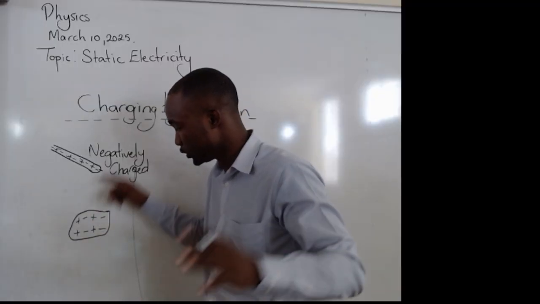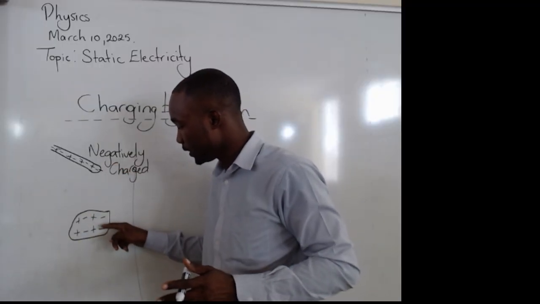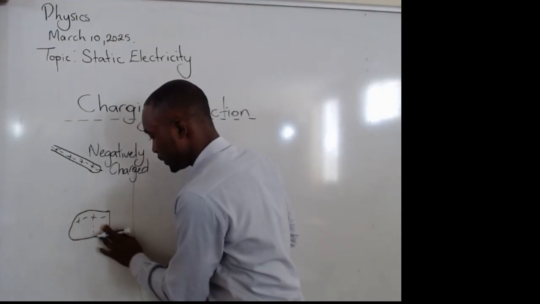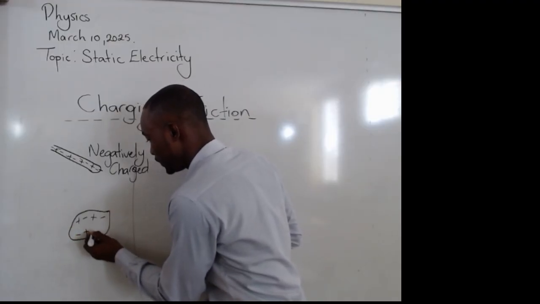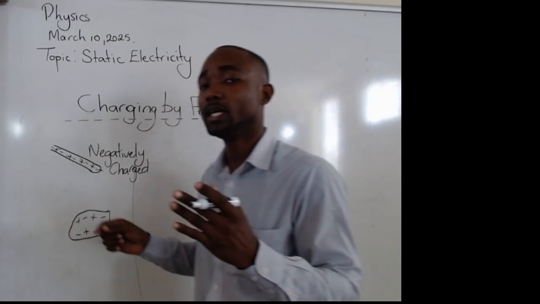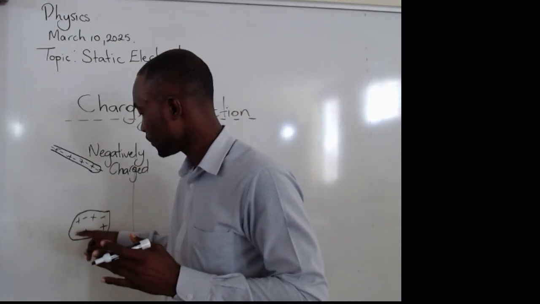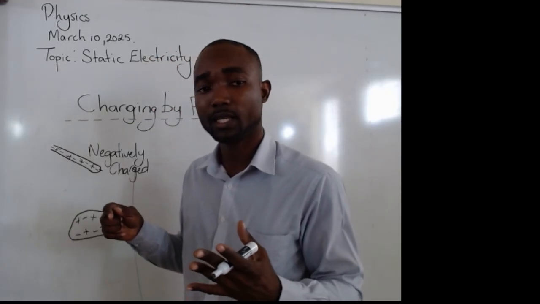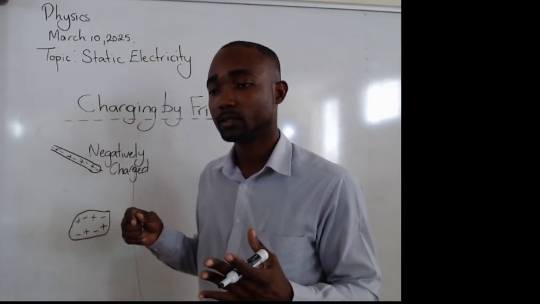So let's count, just to ensure that we're right on track. Negative, positive, negative, positive. Yes, I try to alternate because we know that like charges tend to repel each other, unlike charges attract.